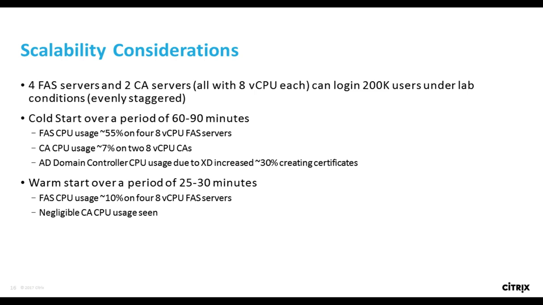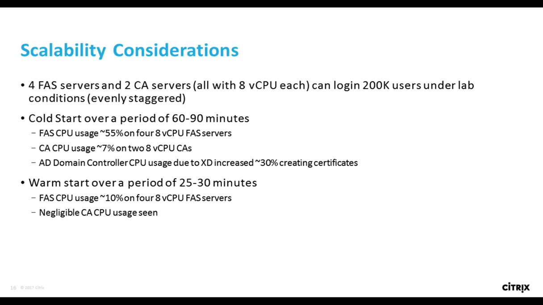I think the key under normal conditions is looking at things like the warm start period of about 25 to 30 minutes. And what does that mean? It means your logon period for a lot of users would be staged within a small group of time, and then your FAS CPU usage would be about 10% if we went with 4 servers using 8 CPUs.